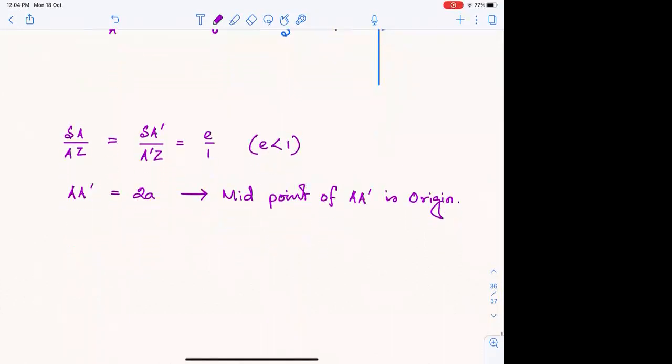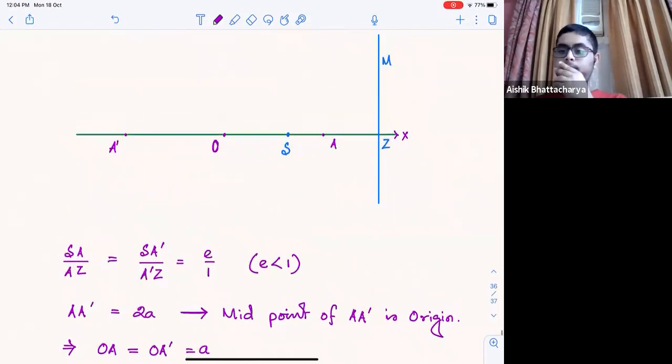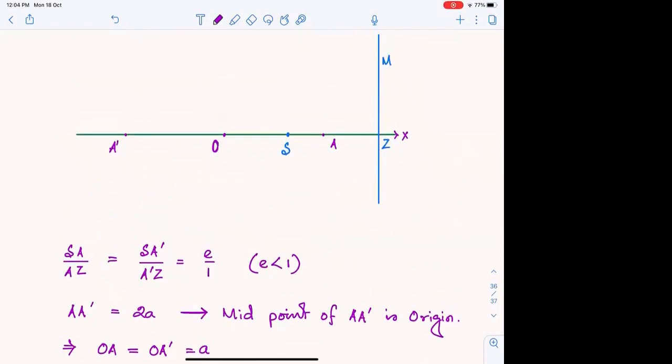That means we can confirm out of this discussion that OA is the same as OA dash, and both are small a units. So in particular, I can mark the coordinate of A as (a, 0) and A dash as (minus a, 0).